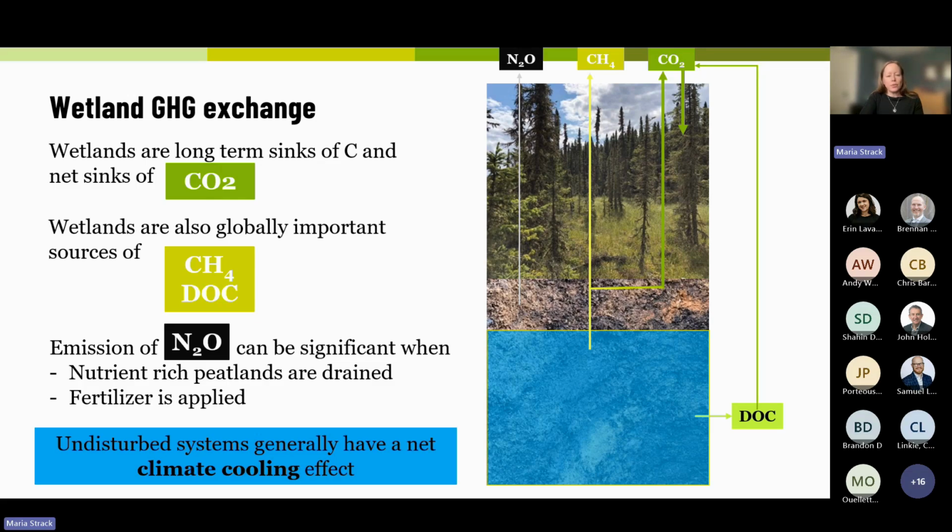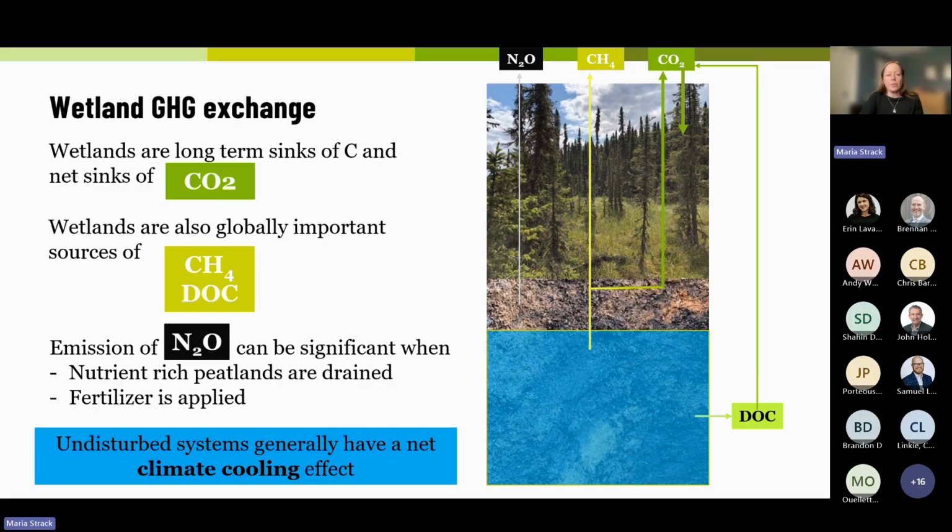Wetlands can sometimes also produce the greenhouse gas nitrous oxide, but in a natural state, this tends to be negligible. However, when we have a nutrient-rich wetland that has been drained, or when there's a lot of nitrogen sources like fertilizer applied in an agricultural setting, we can have substantial nitrous oxide emissions that we should consider in our greenhouse gas budgets.